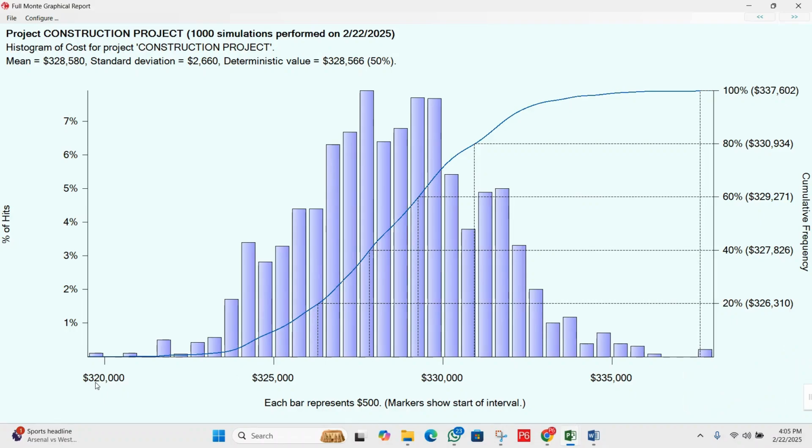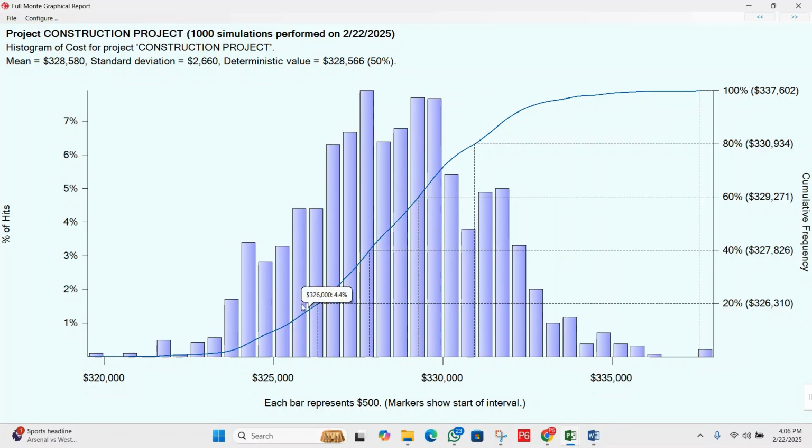So it is the range from $320,000 to 337,500. And the bars, if I bring my mouse over them, you can see the hits here.